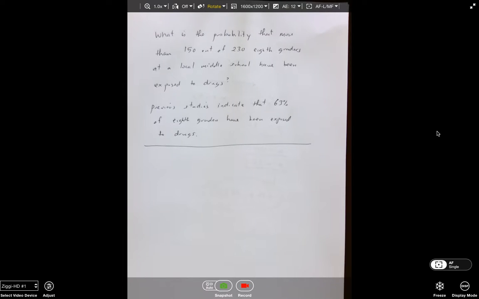All right, gang. Let's get our notation.